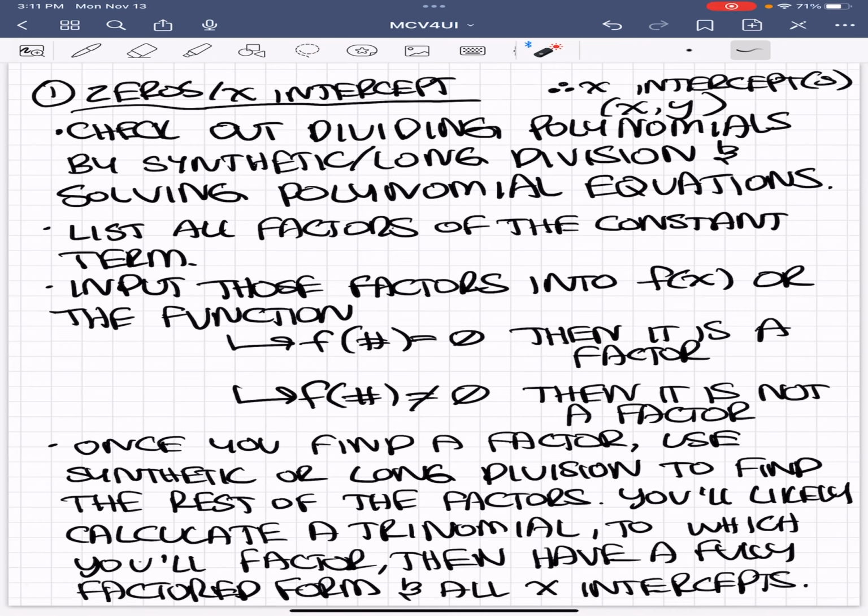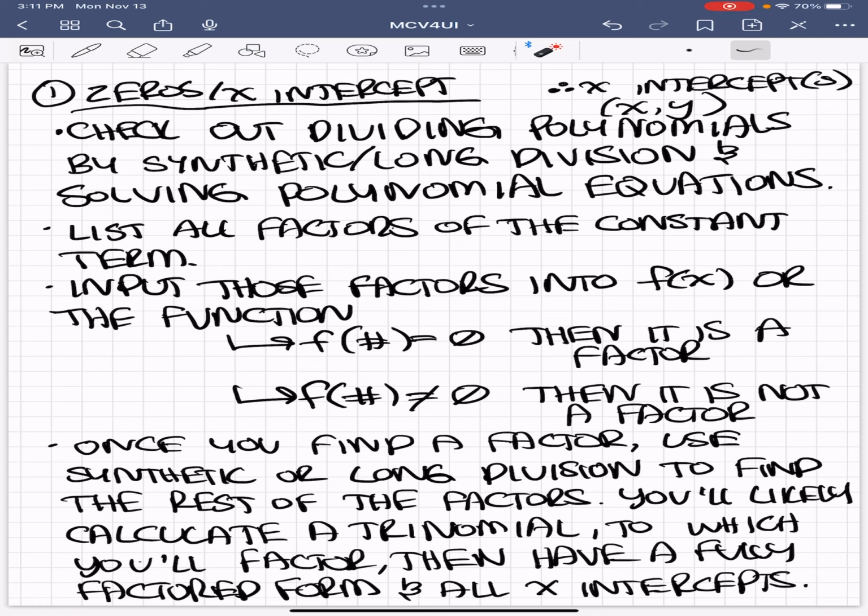So zeros and x-intercepts. In order to find zeros and x-intercepts, we're going to use dividing polynomials by synthetic or long division and solving polynomial equations. So what we do is we list all factors of the constant term.